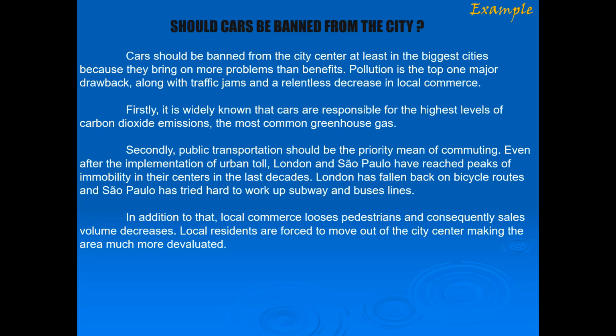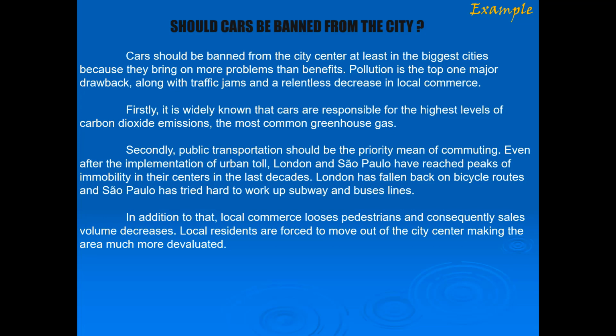Firstly, it is widely known that cars are responsible for the highest levels of carbon dioxide emissions, the most common greenhouse gas. Secondly, public transportation should be the priority means of commuting, even after the implementation of urban toll.